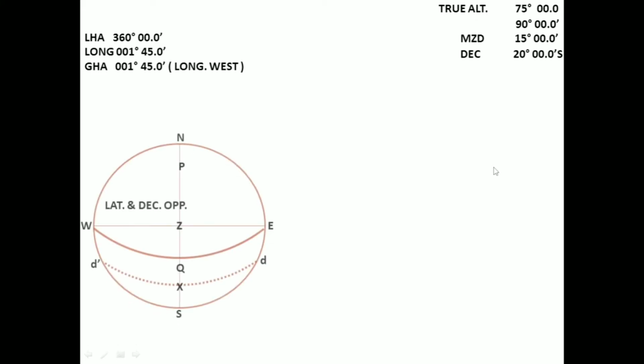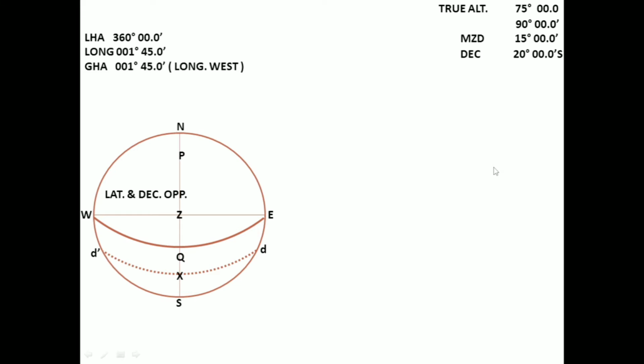Now here the meridian zenith distance has been given to me as 15 degrees and declination 20 degrees south. And we talked about there being three possibilities. Let us have a look at the first possibility here. Latitude and declination are the same, opposite names. This is one of the possibilities we talked about.